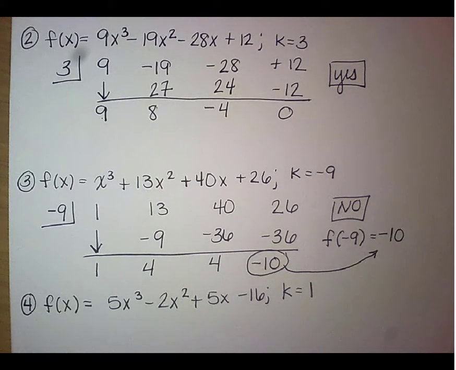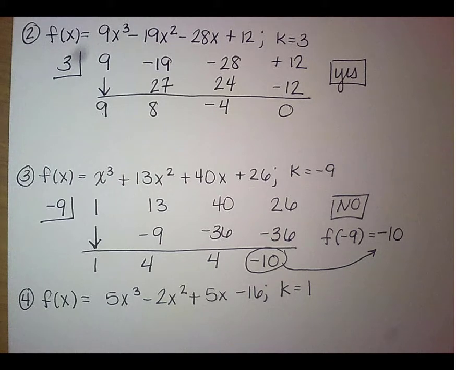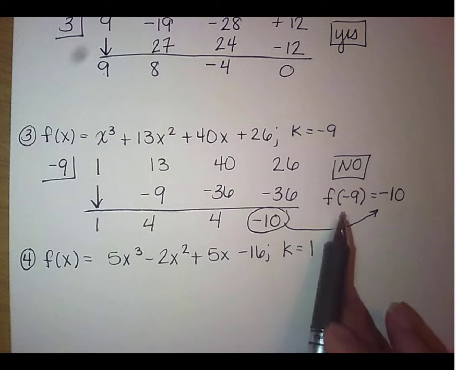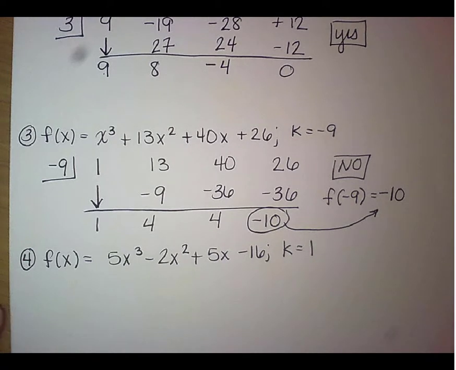So if I plugged negative 9 into my equation, I would get negative 10 as the resulting answer. The same thing is true for the other ones. Even when it's 0, this is always a true statement. You can always look at your remainder, and that's what you would get if you were to plug that k value in.